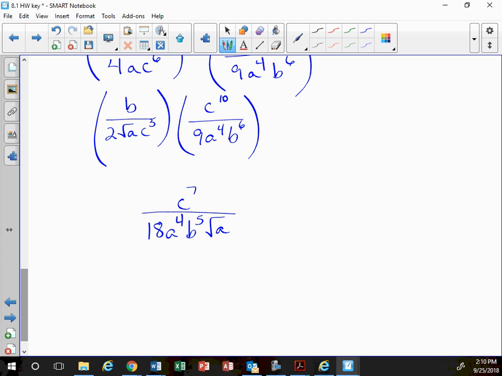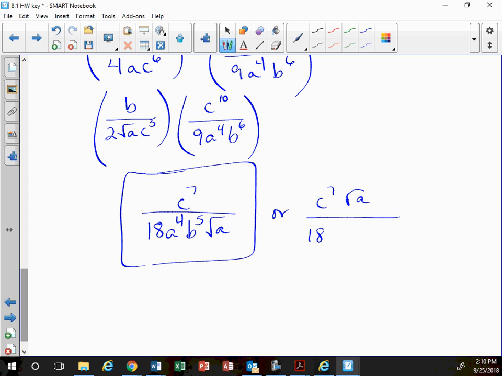That's what's left in my denominator. I'm not going to make you rationalize that. That's it. But if you rationalize it, you take the 7th, square root of a over 18. Yes, that is a weird looking square root. That would also be okay.